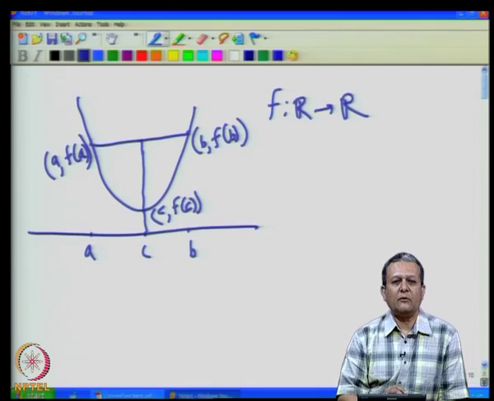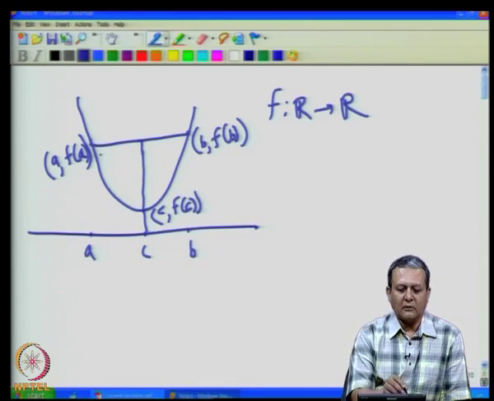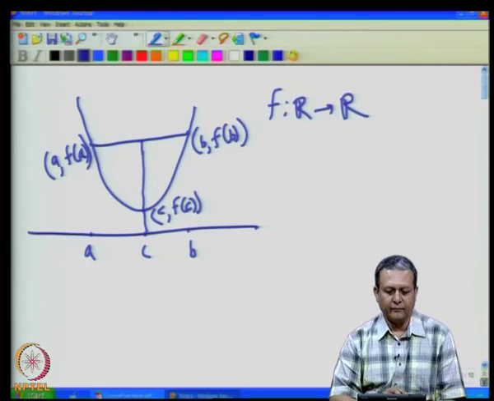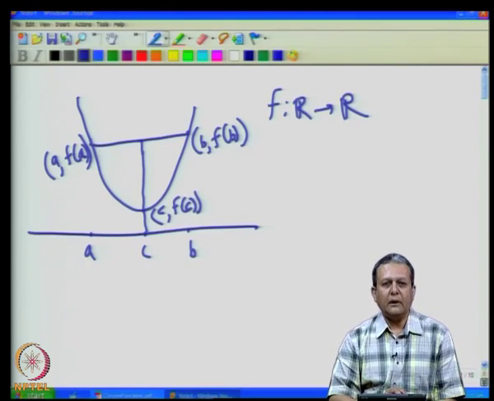So, if that happens for any A and B in the domain of the function, then we call it a convex function, or in other words, if you take a chord joining any 2 points on the function, the chord always lies on or above the function. And then we also saw some properties and characterizations of convex functions, and one of the important characterizations is the epigraph.